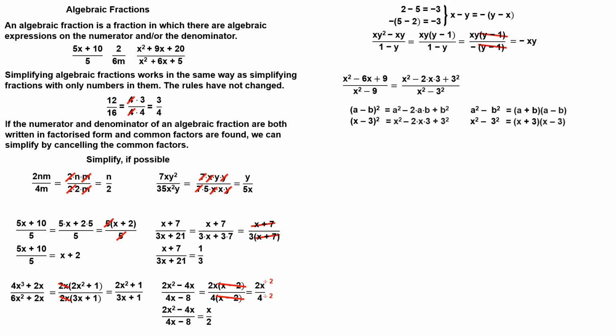We can rewrite the numerator and denominator in factorized form. Now we can cancel the common factor.